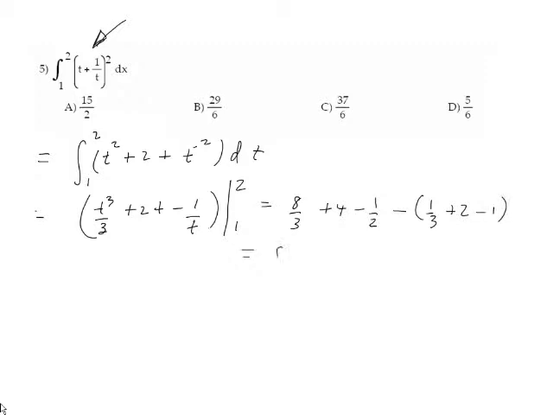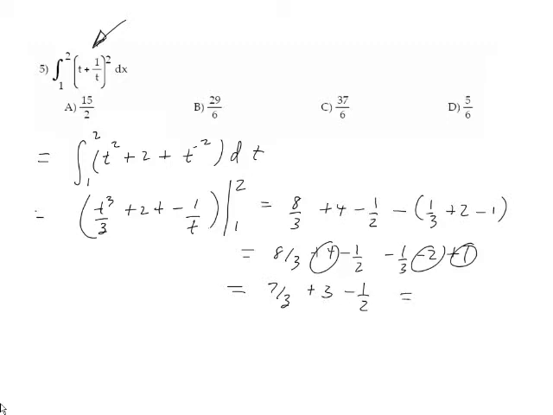And so we get 8/3 plus 4 minus 1/2 minus 1/3 minus 2 plus 1, and we get 7/3 plus 3 minus 1/2, and this equals 29/6, which is answer B.